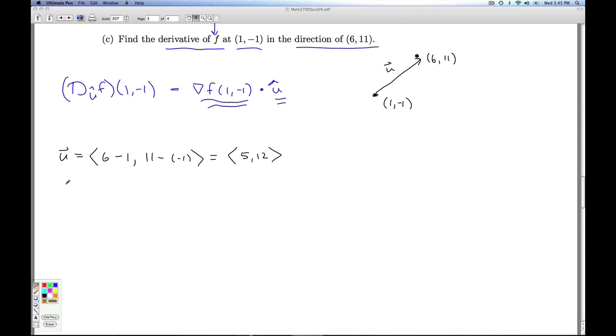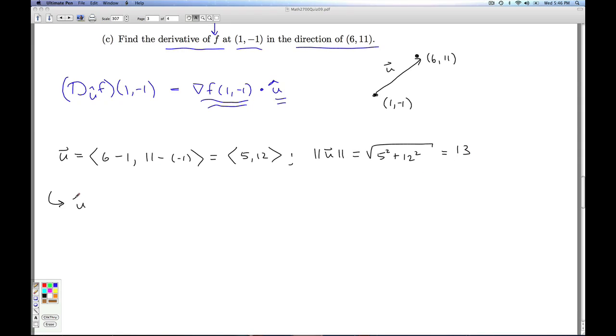In order to normalize it, I need to get its length, its magnitude. So what's the magnitude of u? I square the components and take the square root, and that's a 5, 12, 13 Pythagorean triple. So the length of u is 13.